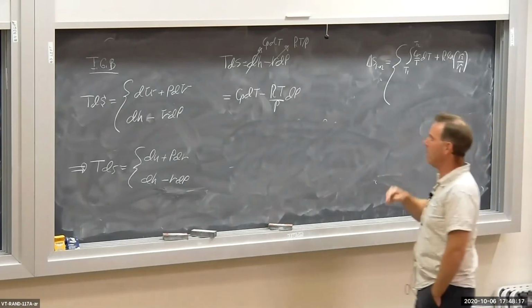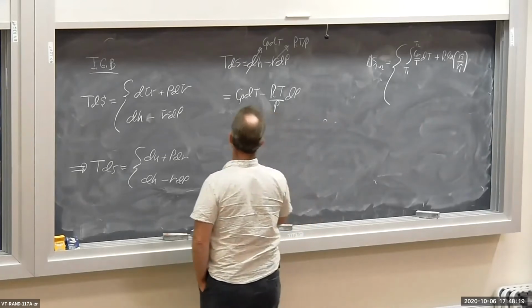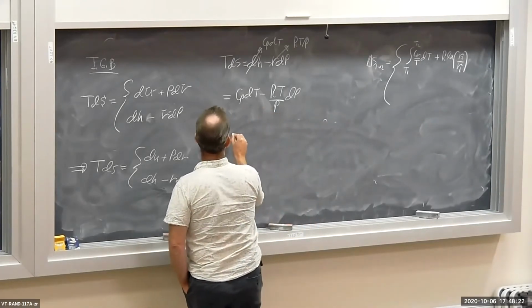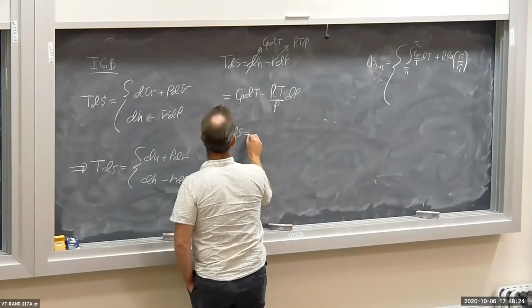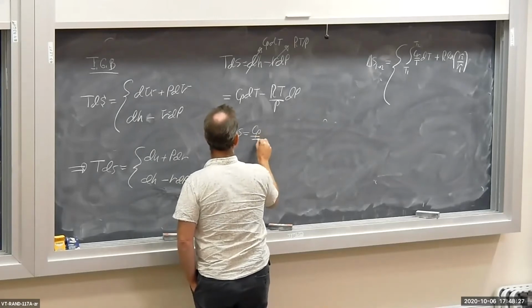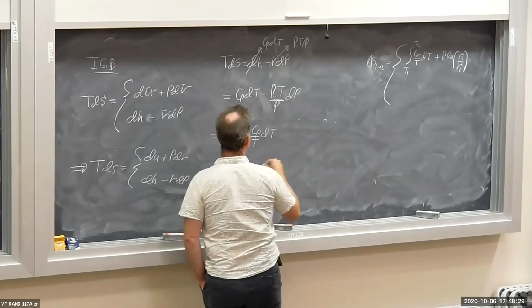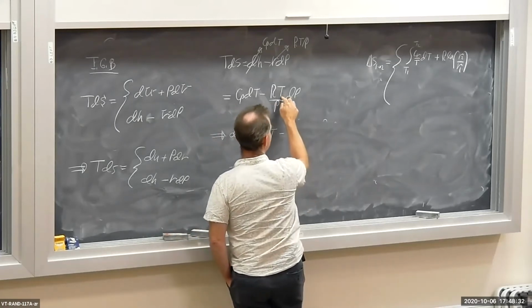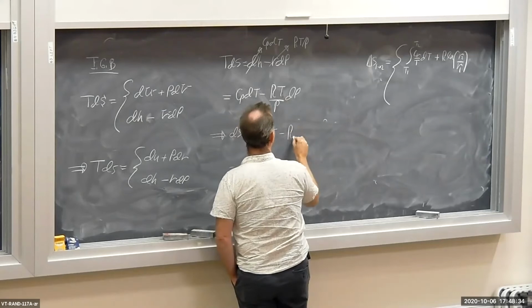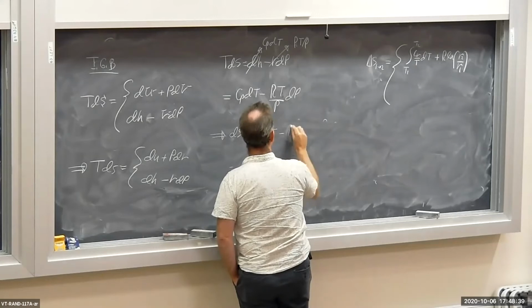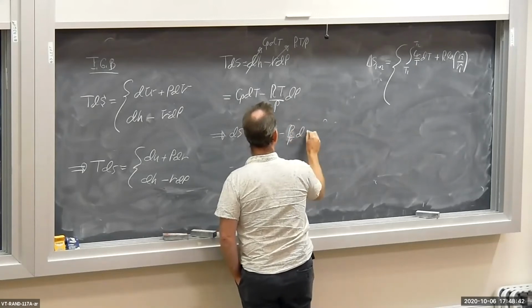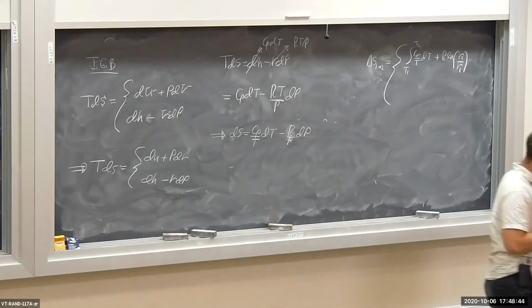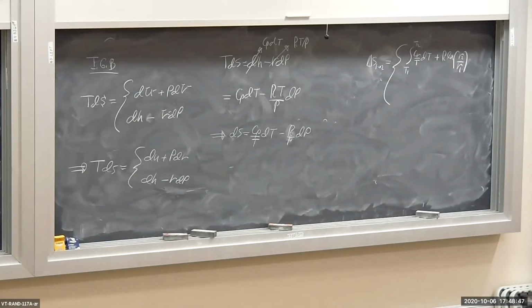Now I'm going to divide this entire equation by temperature, and I get ds is equal to Cp over temperature dT, minus, the temperatures cancel out in the second term, R over P dP. So we use the ideal gas law to get rid of the specific volume in the second term, and we got a pressure in there instead.